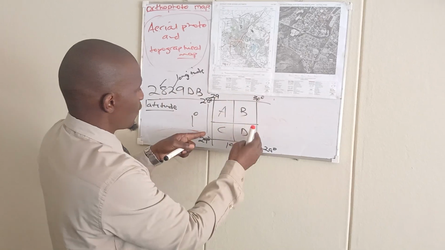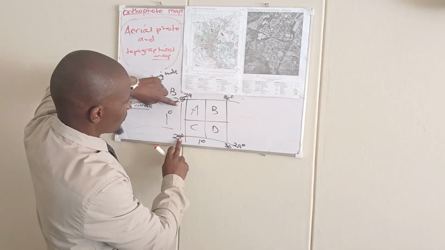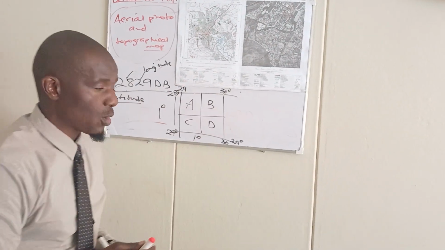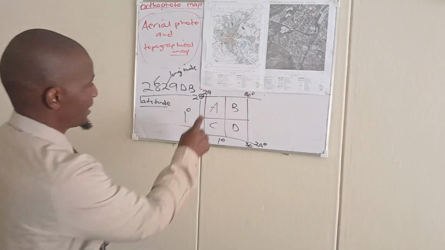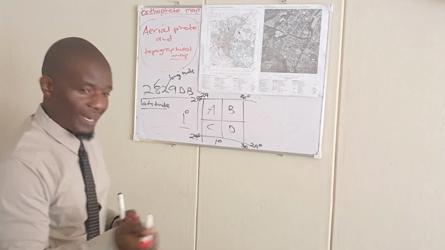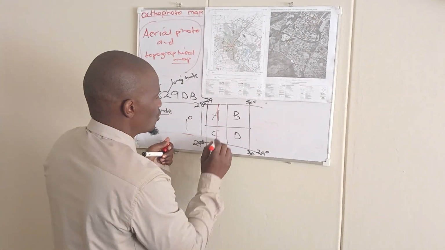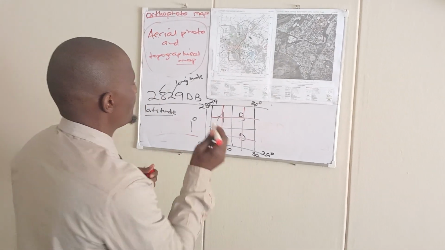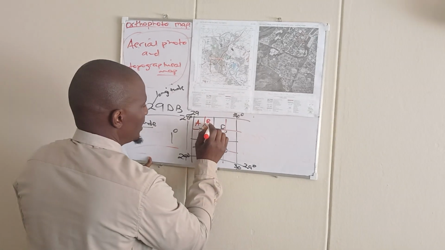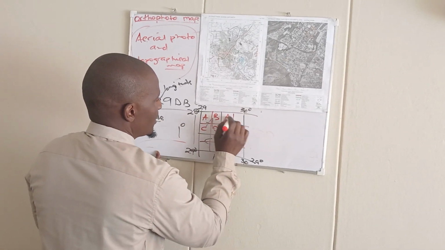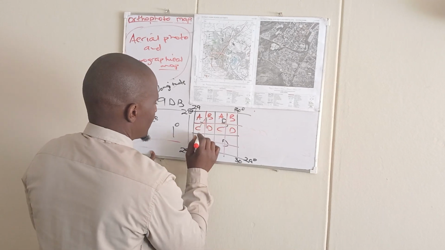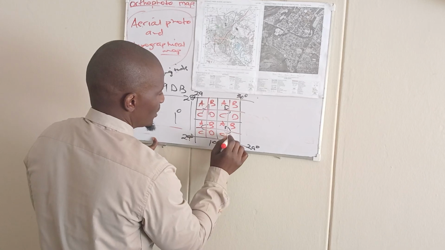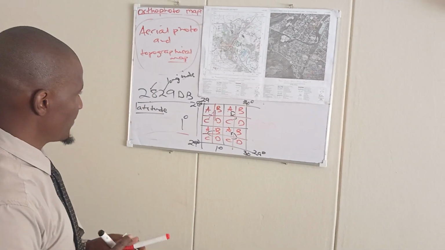So they've divided the whole block 28, 29 in terms of latitude, and 29, 30 in terms of longitude, into 4 bigger blocks, A, B, C, and D. But they further divide it again, which means each big block is further divided into 4 blocks, again A, B, C, and D. So this is what we have now.